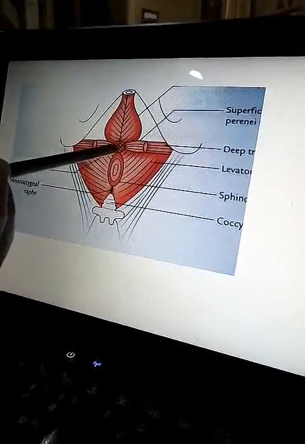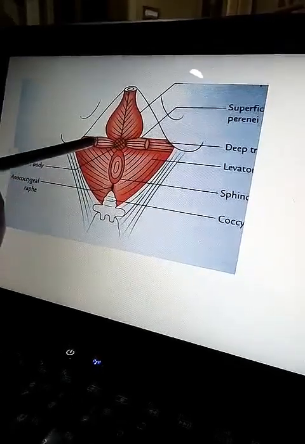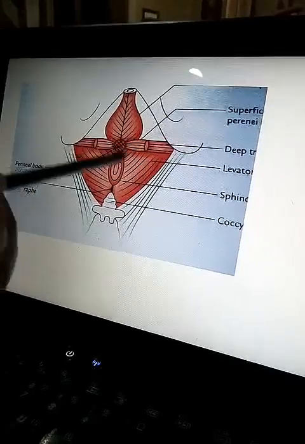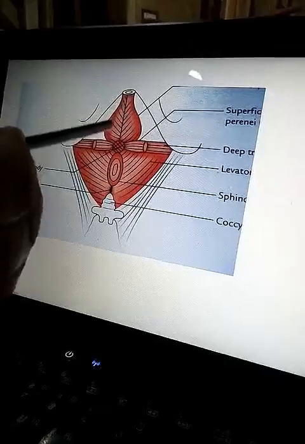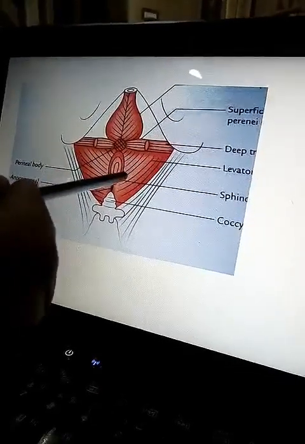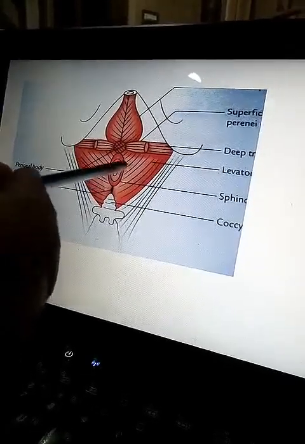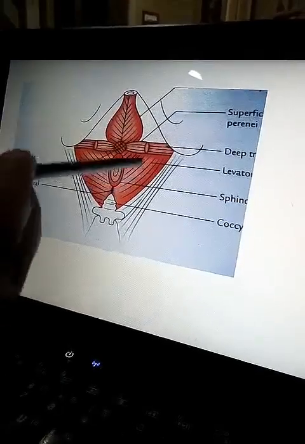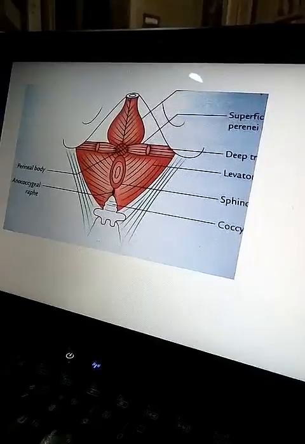These are the two superficial transverse perineal muscles, two deep transverse perineal muscles, two bulbospongiosus muscles, two levator ani muscles, one sphincter ani muscle, and lastly the longitudinal muscle coat of the anal canal. So these muscles interlace in the midline to form the perineal body.